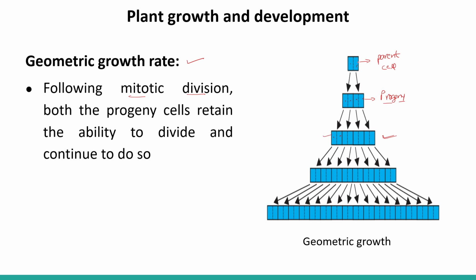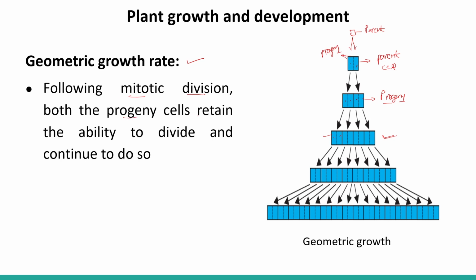And you can take another cell here, one cell which divides into these two. So in this case, this will be the parent cell, and these two will be progeny cells. So what happens?